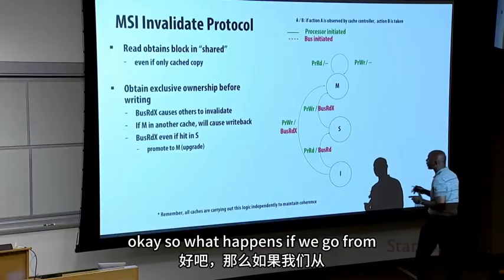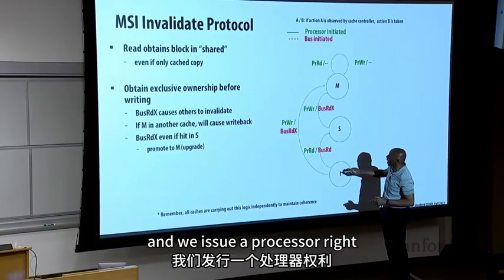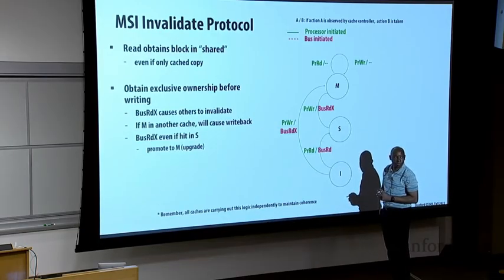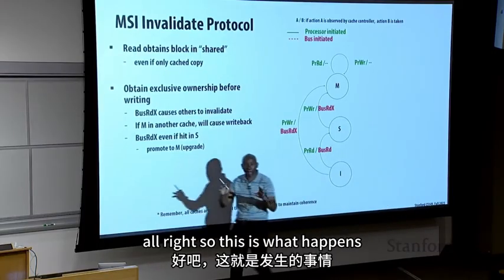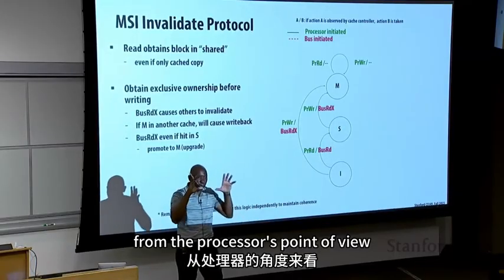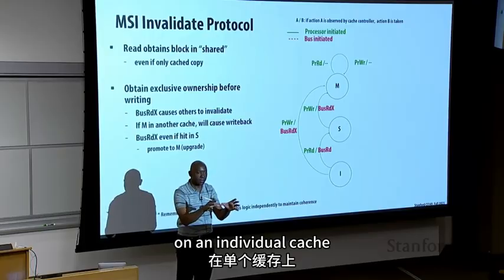Okay, so what happens if the cache line is invalid, and we issue a processor write? You go straight to modified. Okay, good. All right, so this is what happens from the processor's point of view on an individual cache, right?